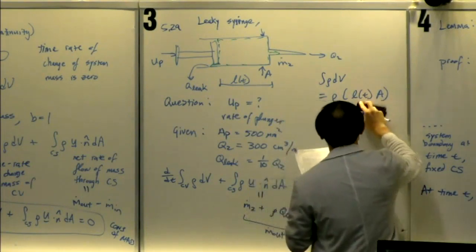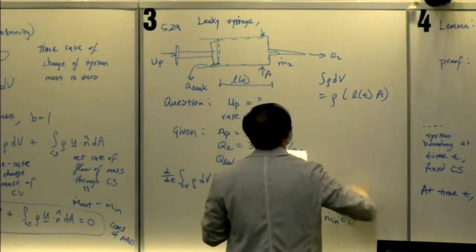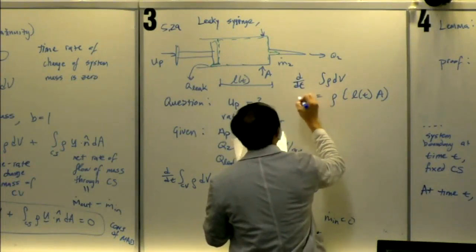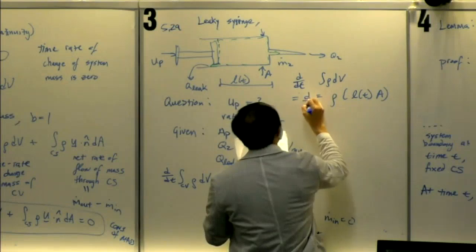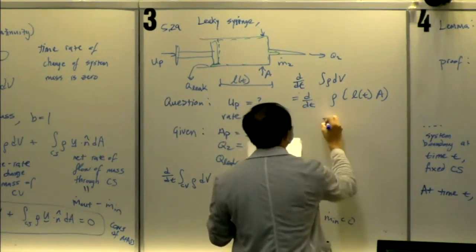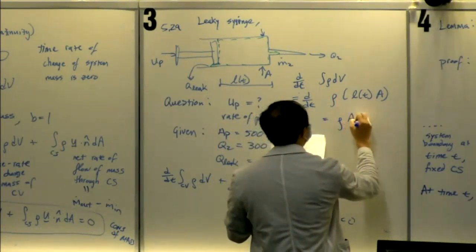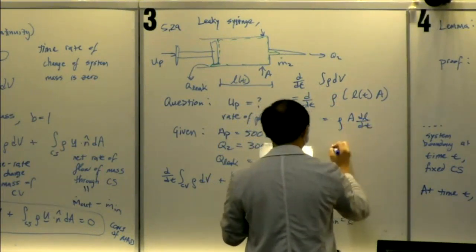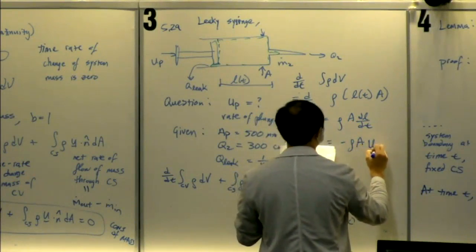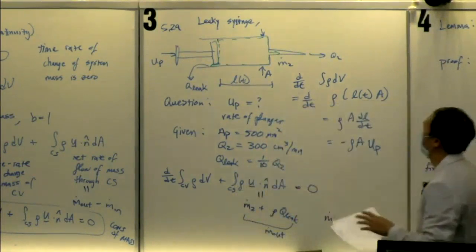And so the time derivative of this, d by dt of this, is equal to d by dt of this thing. And that's going to go rho A dL dt. That's equal to negative rho A u plunger.